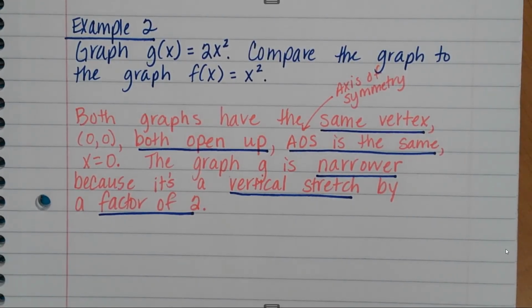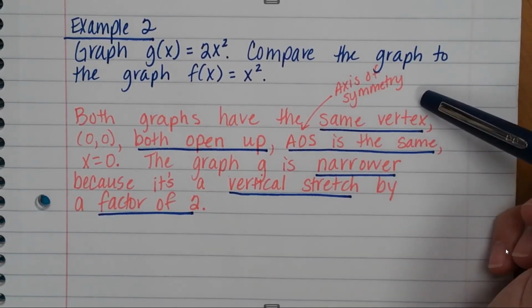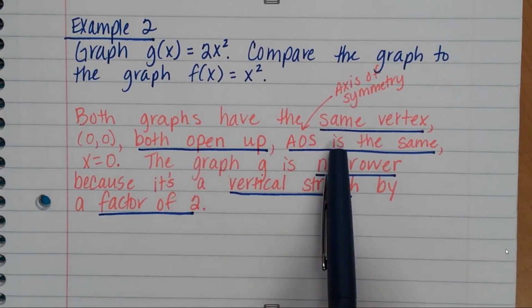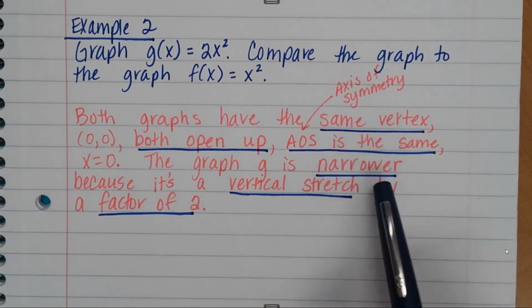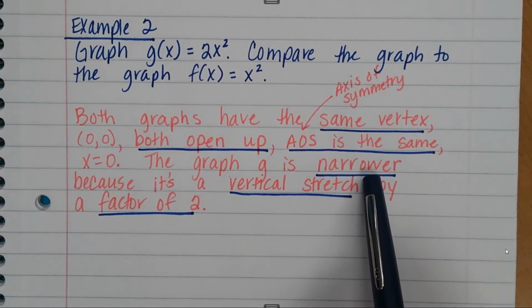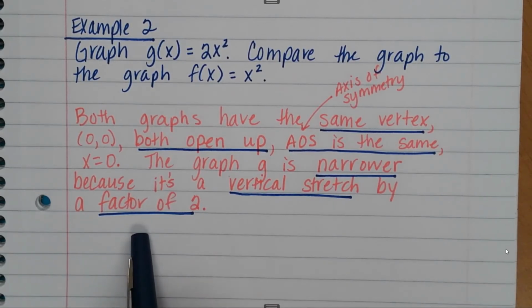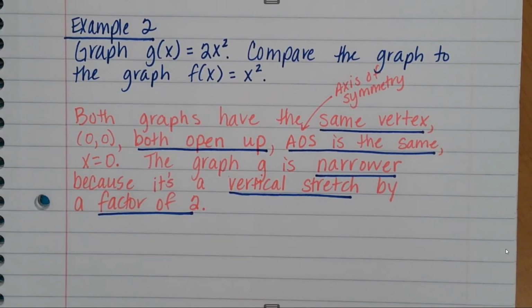That's how we compared. So there were several things that we compared. We compared the vertex. Is it upwards or downwards? The axis of symmetry. Is it wider or narrower? Is it a vertical stretch or a vertical shrink? And by how much? Okay, so that's how we compare.